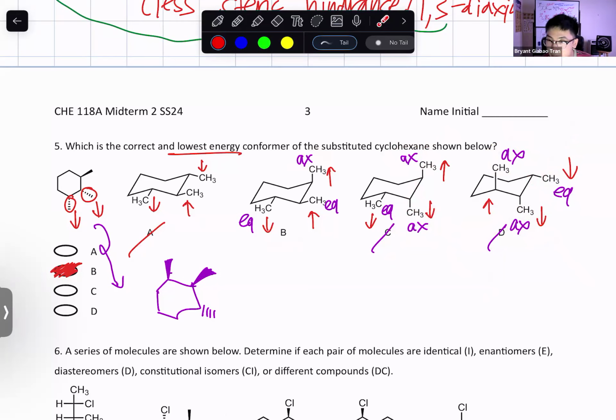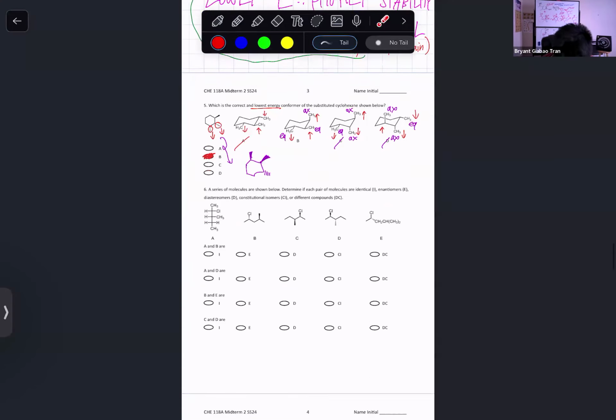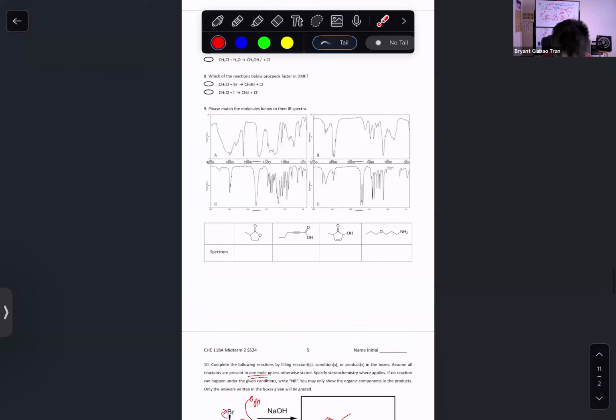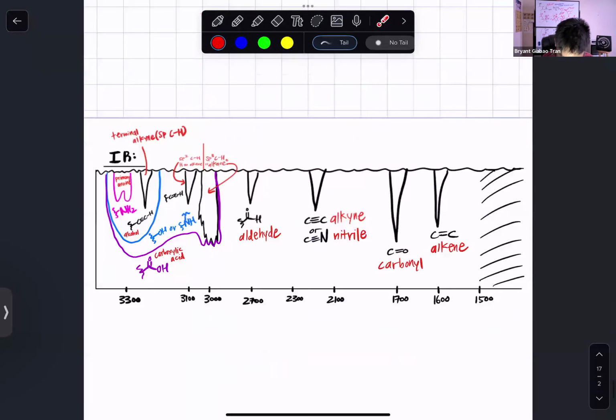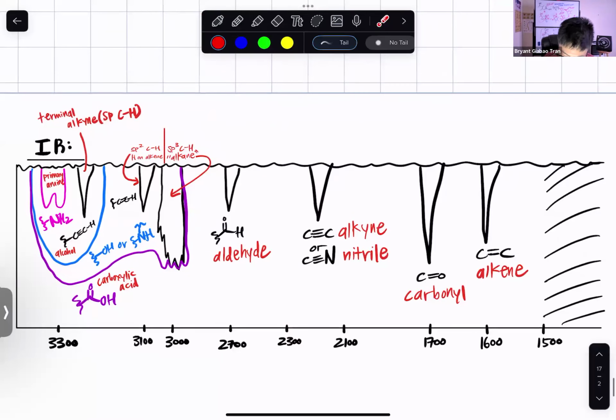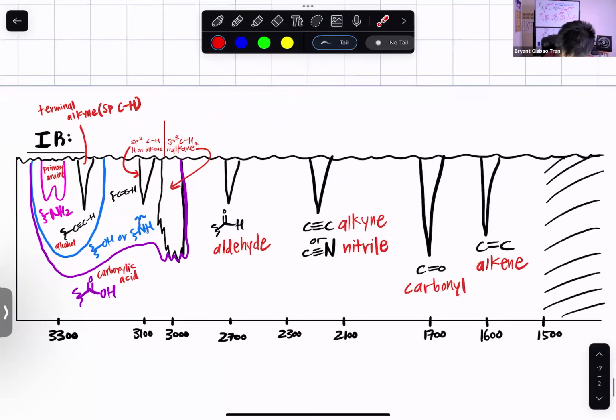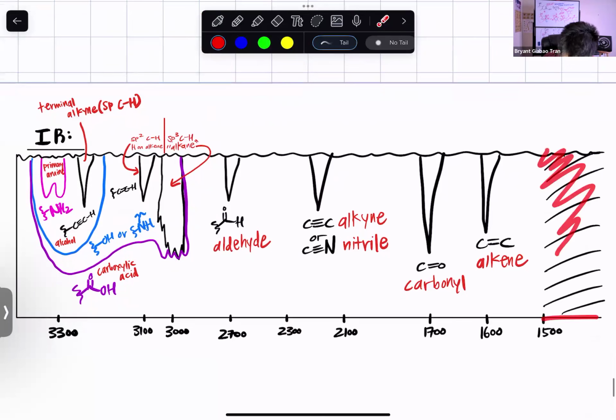Okay. So you guys wanted to go over one more. Let's do IR, actually. So here's the chart on what you need to know for IR. 1500 and below is the fingerprint region, right?